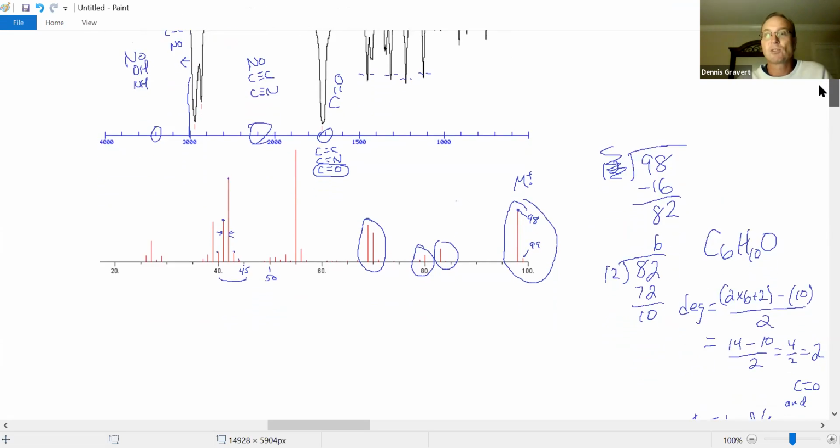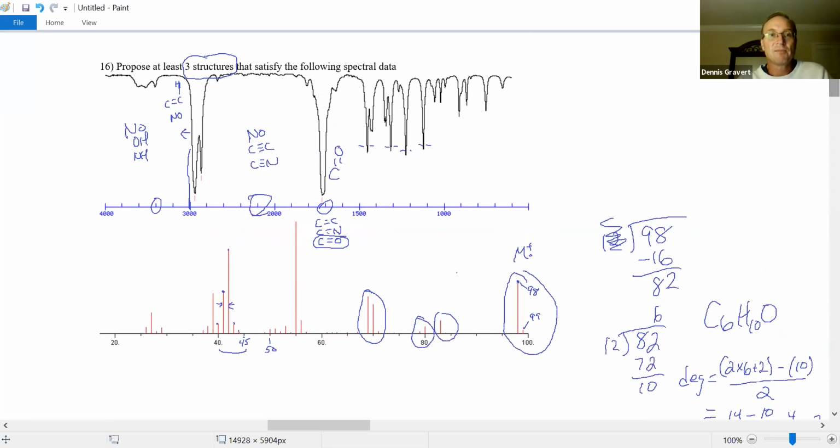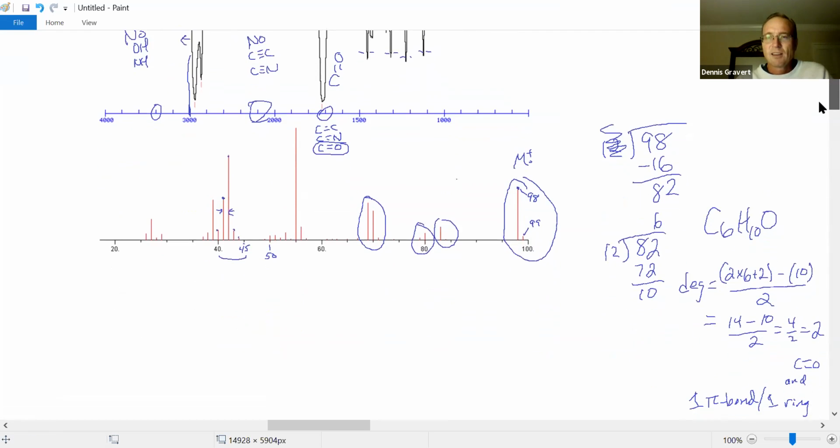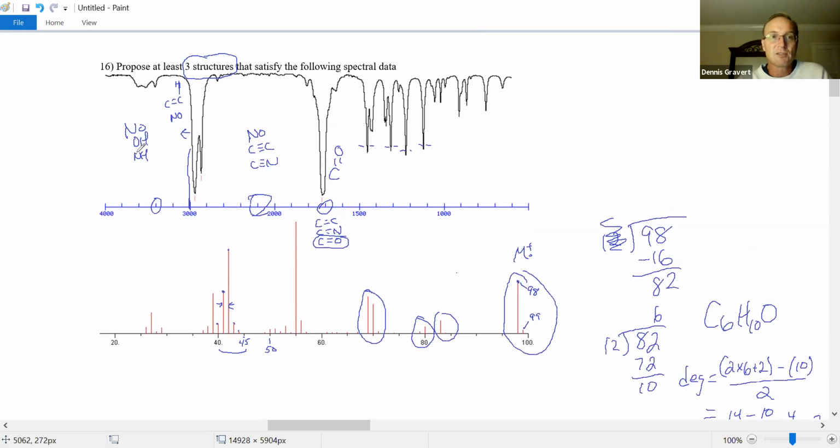Yeah, so there's going to be a lot of right answers. Make sure you don't put a nitrogen in there, and you shouldn't put in a triple bond because you don't have enough degrees for it. You have to include the C double bond O and a pi bond. And if you only have 1 O, then you can't put an alcohol or a nitrogen.